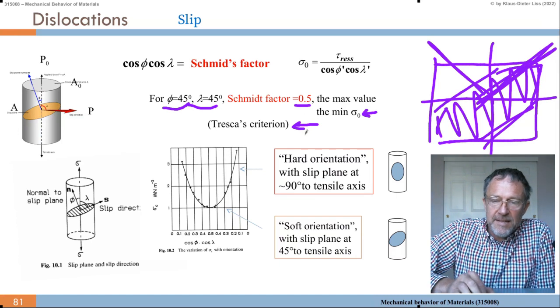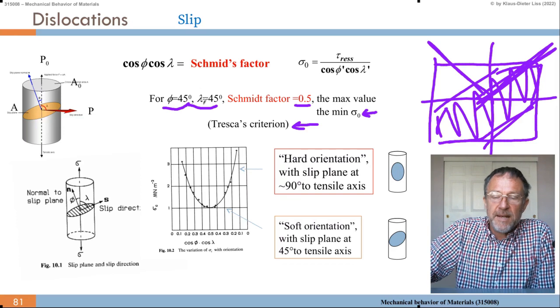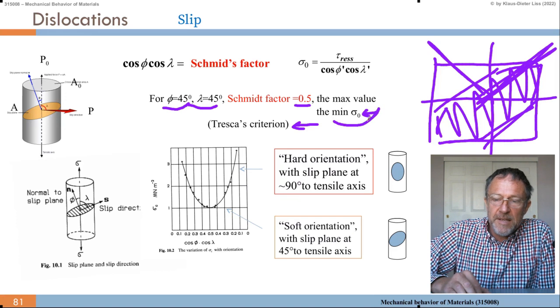So the Tresca criterion corresponds to phi and lambda being 45 degrees. Of course, Tresca tells us the minimum safest sigma which I can apply before a material starts to yield.